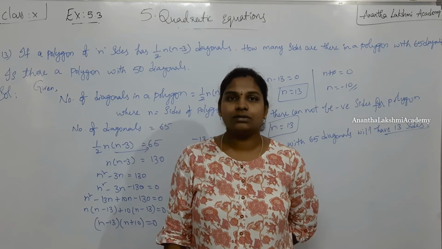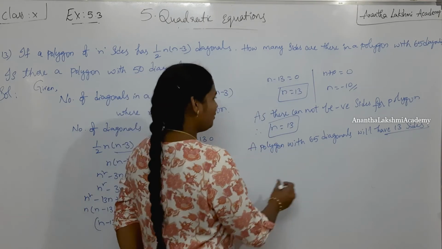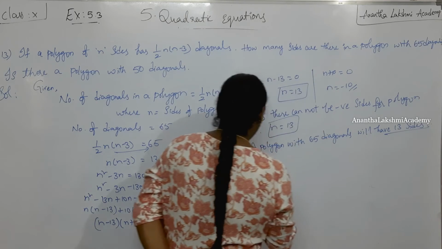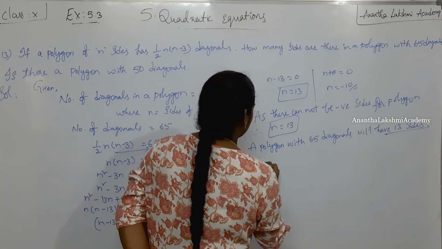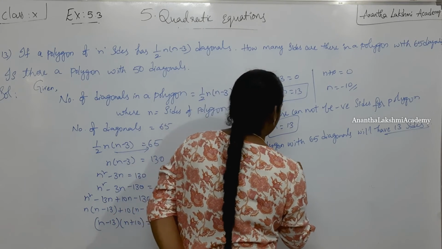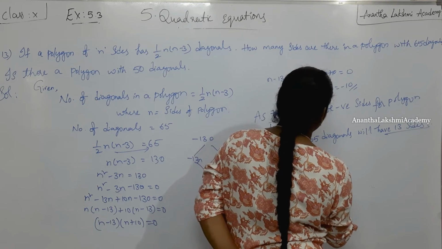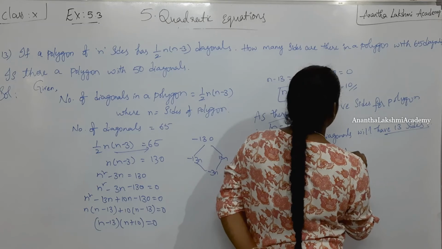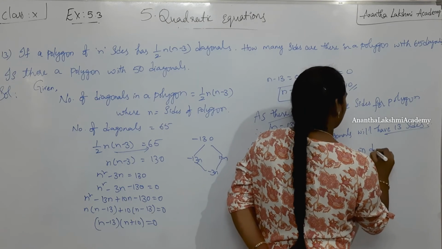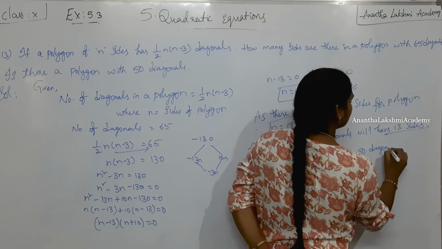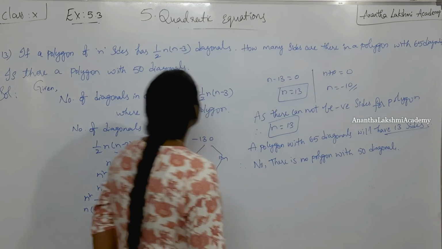No, I am not. So, therefore, no, there is no polygon with 50 diagonals. Just because I don't know, it doesn't mean that it is there. Look at this.